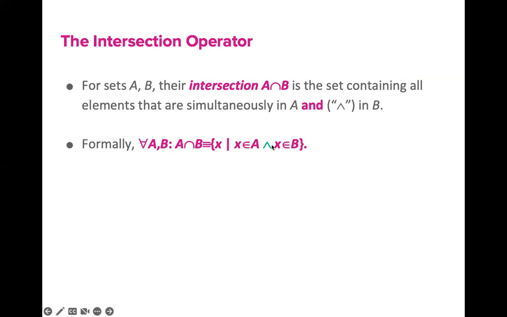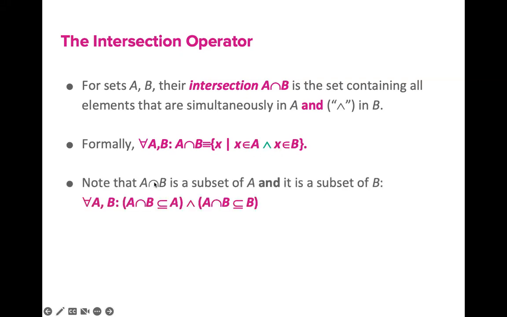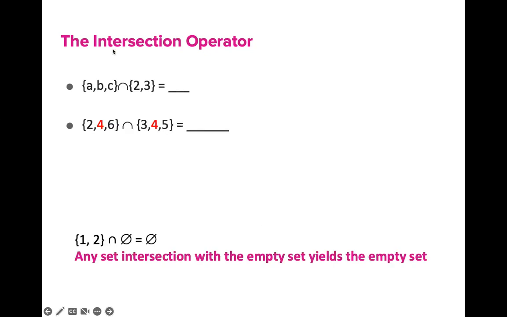We only want those elements that are both in A and B. So note that for all A and B, A intersection B is a subset of A, and A intersection B is also a subset of B. In other words, the intersection is contained in A, so every element in the intersection will be in A, and every element in the intersection will also be in B, right?